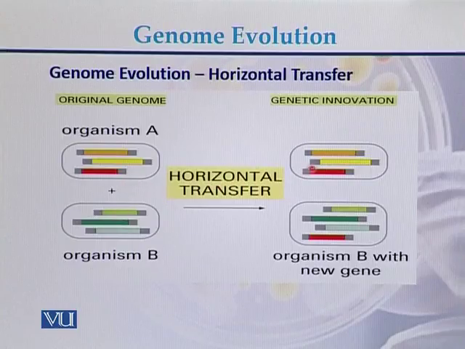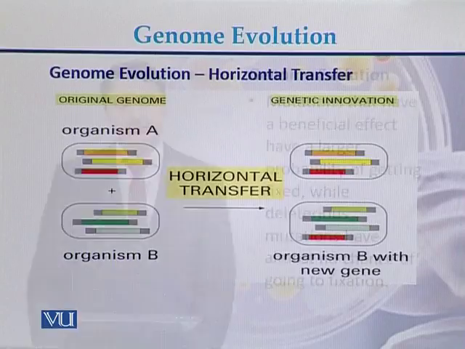In horizontal transfer, in this organism we have seen the same genes, but in organism B there is a new gene. This gene, marked in red color, was actually present in organism A, but due to horizontal transfer this gene is now with organism B. This is called horizontal transfer, which also works as a fuel for genome evolution.